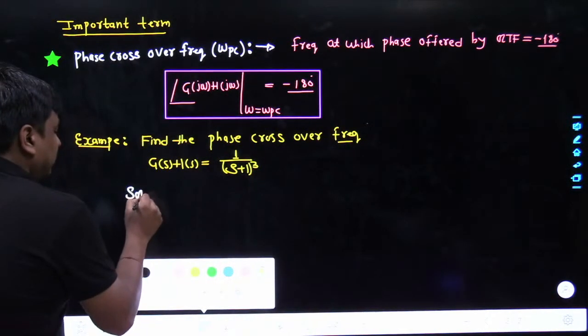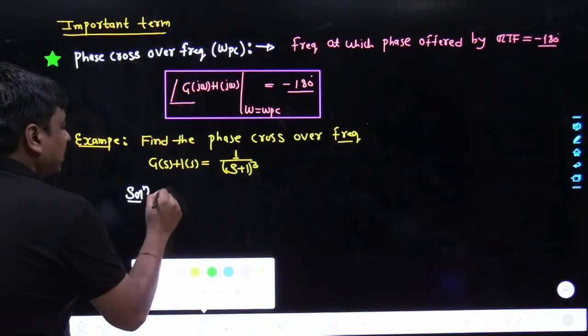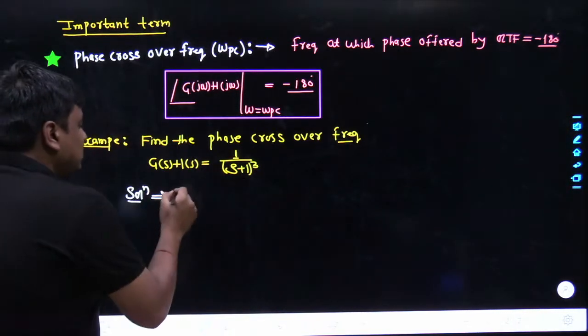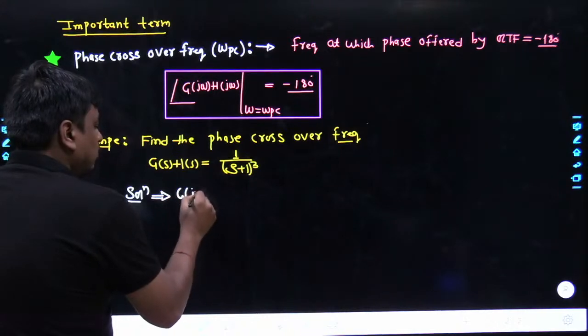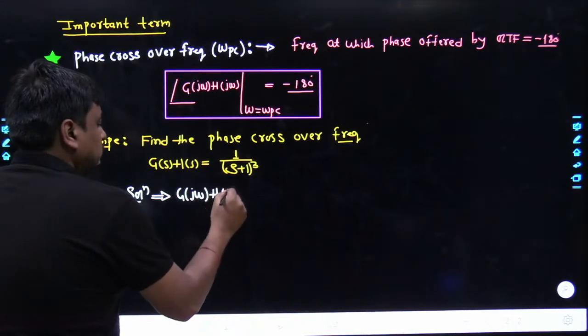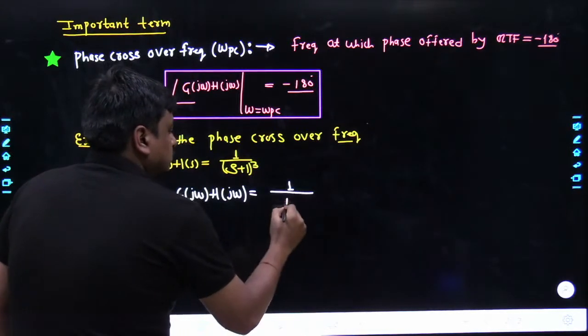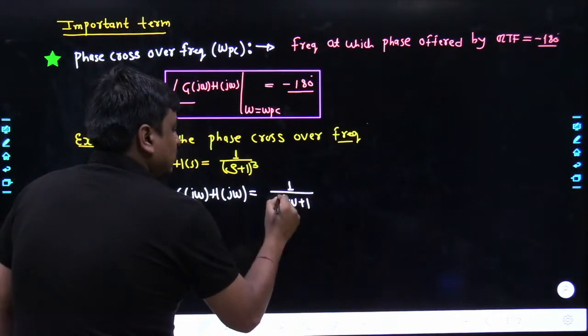First step would be to change the domain of operation from s domain to omega domain. So G(s)H(s) would become G(j omega)H(j omega), where s gets replaced with j omega.